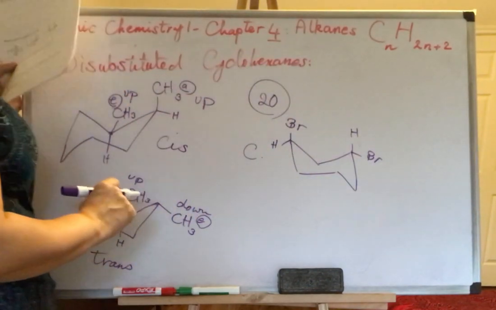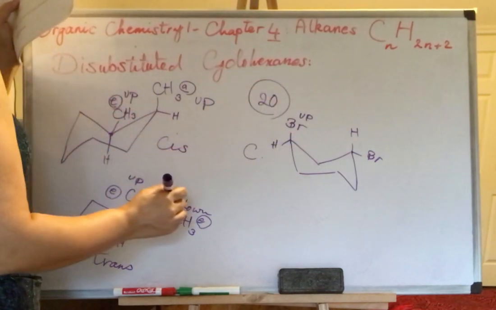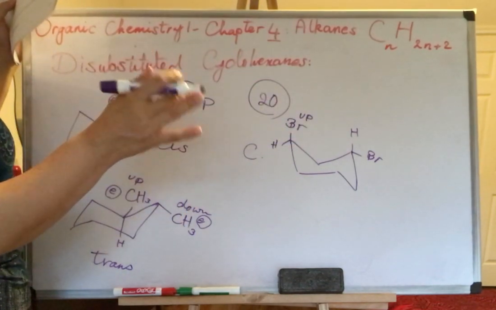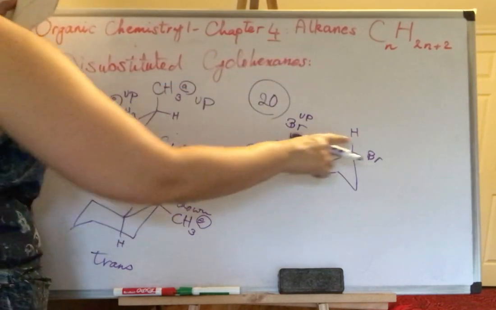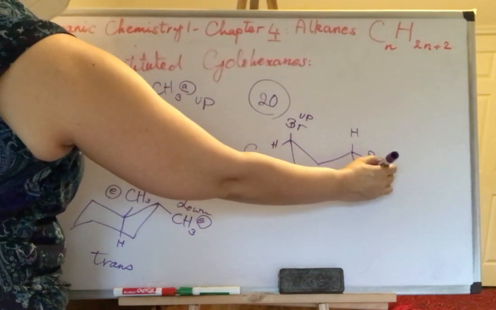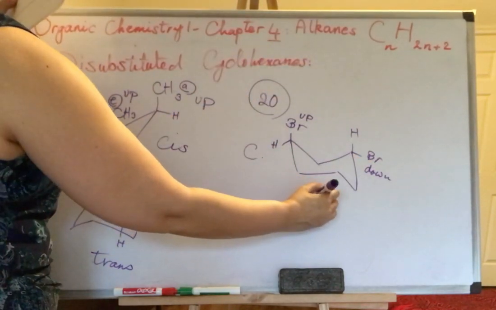Okay, now this is up, right? Bromine is up. So let's not just label them as axial or equatorial, who cares? We just care about up or down. And this bromine is down. So is it cis or trans, on opposite sides of the ring? I'm sure you would say trans.